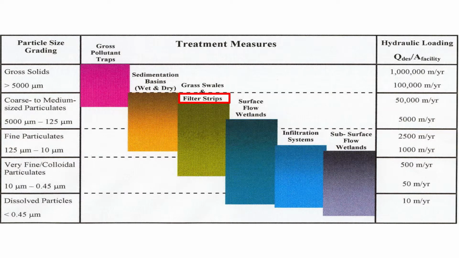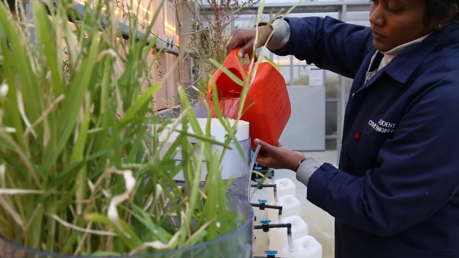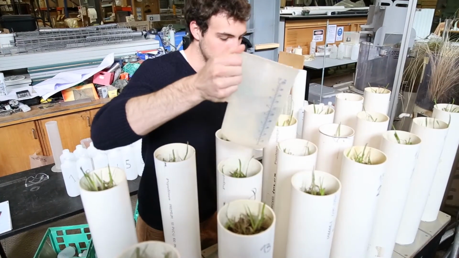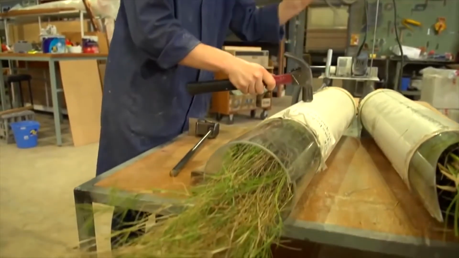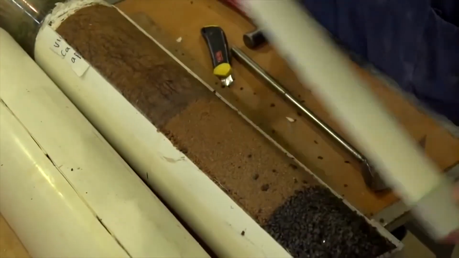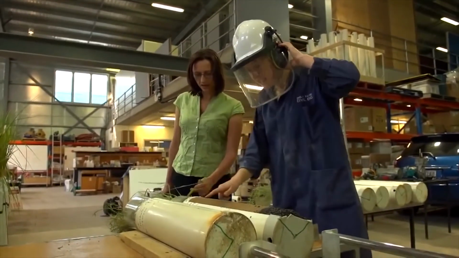The aim there is now to pass water that contains even finer pollutants, the colloidals, and the dissolved, through a media, whether it be sand or sandy loam, where a combination of filtering and, at the same time, promoting contact with organisms and microbes to enable biological uptake to occur, is where we try and remove those very fine to dissolved contaminants.